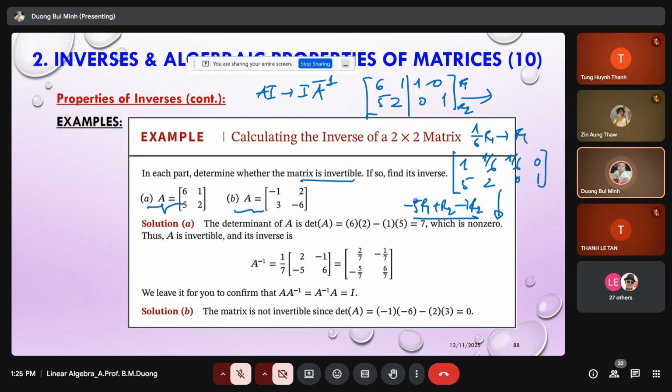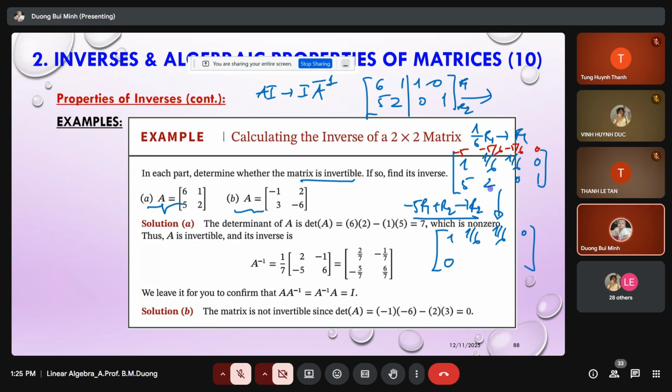This is the third rule of elementary operation. So here you get 1, 1 over 6, 1 over 6, 0, and then 0, because here is minus 5 over 6, here is also minus 5 over 6. Minus 5 over 6 plus 2, that means minus 5 over 6 plus 12 over 6, so we can get 7 over 6.